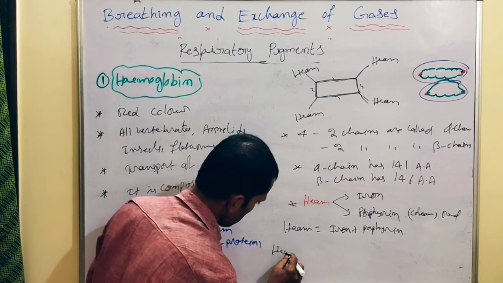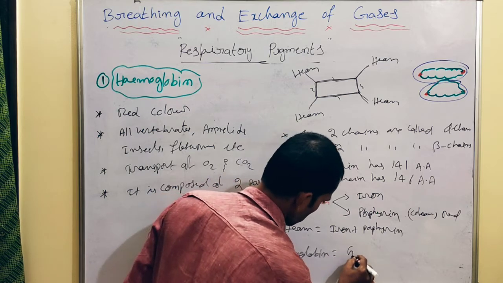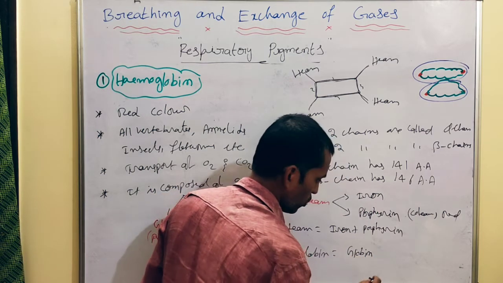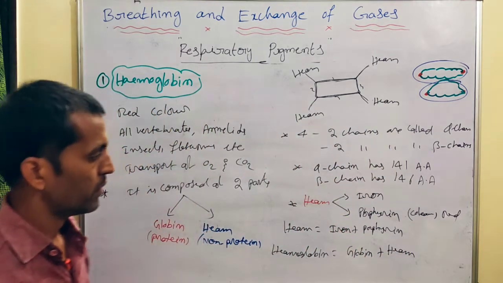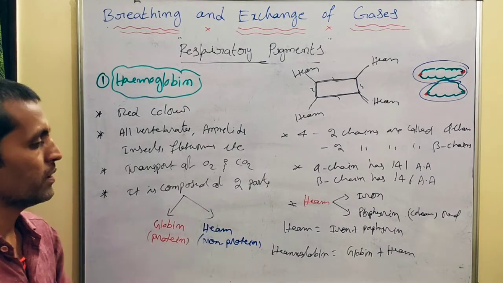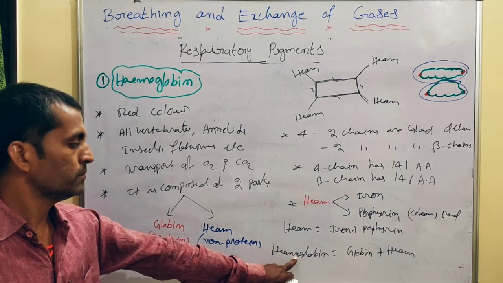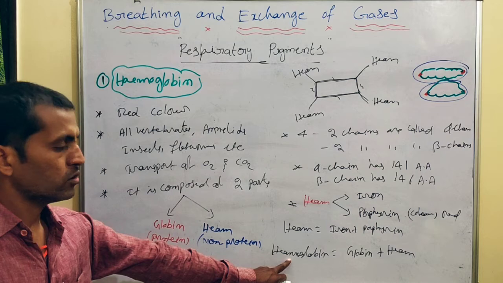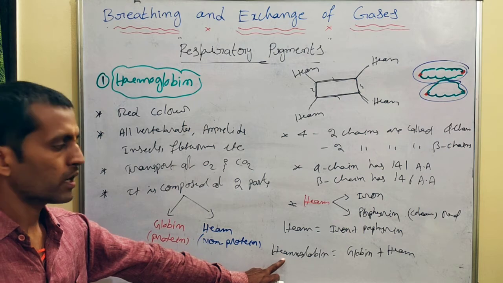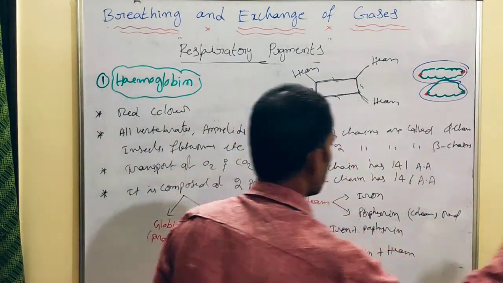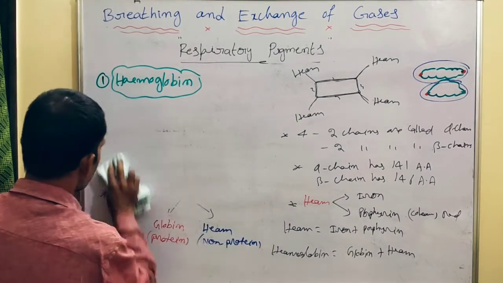Then hemoglobin equals globin plus heme molecule. Due to the special affinity for the gases, hemoglobin can collect the oxygen and bring it to the cells, and collect the carbon dioxide from cells and deliver it at the lungs level. So it is about hemoglobin respiratory pigments.